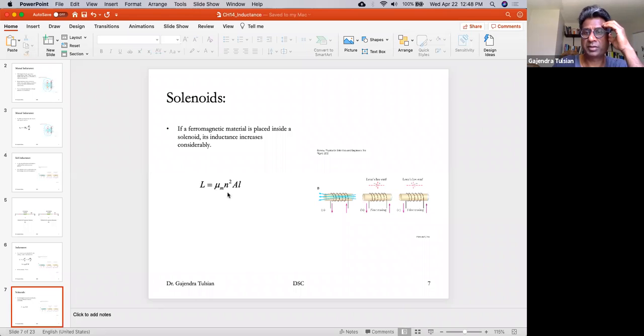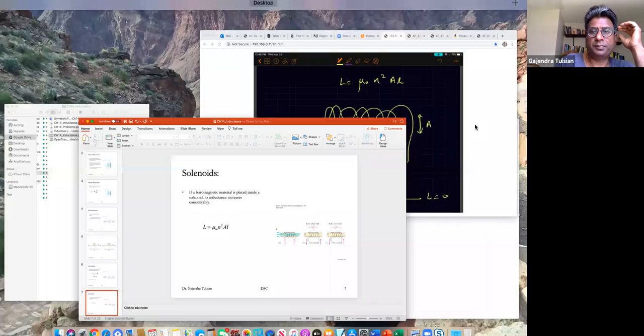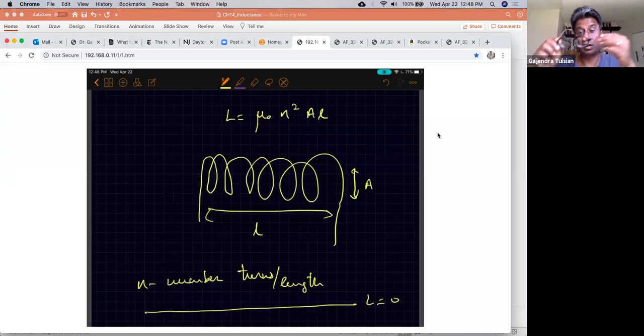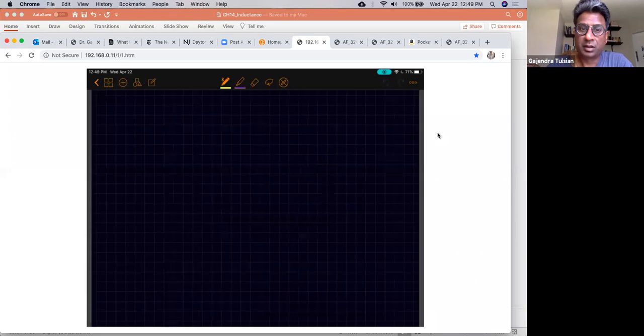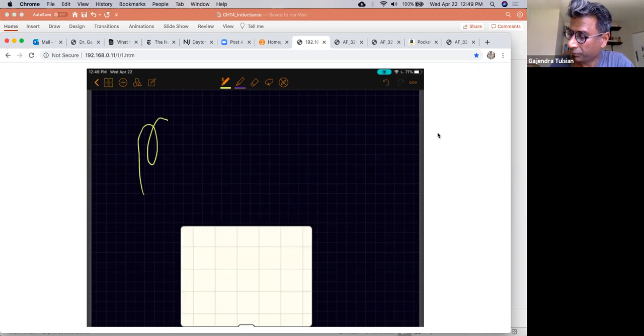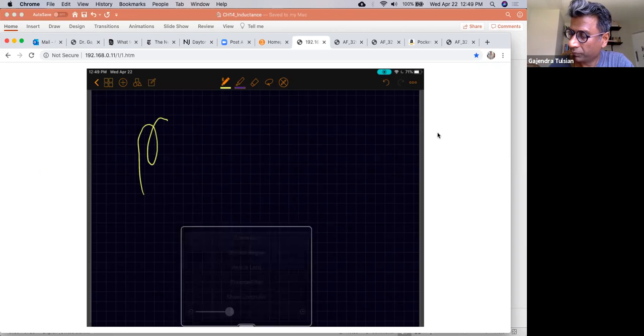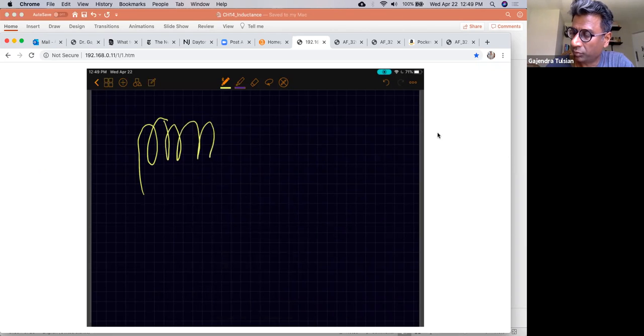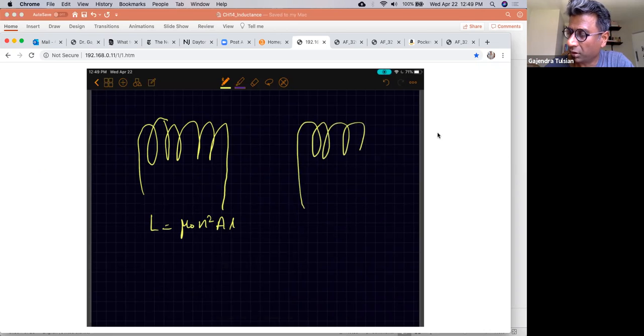Okay, so what this expression is telling you is that self-inductance is a useful property. This is the self-inductance for an air-filled inductor, and sometimes you're interested in large self-inductance.